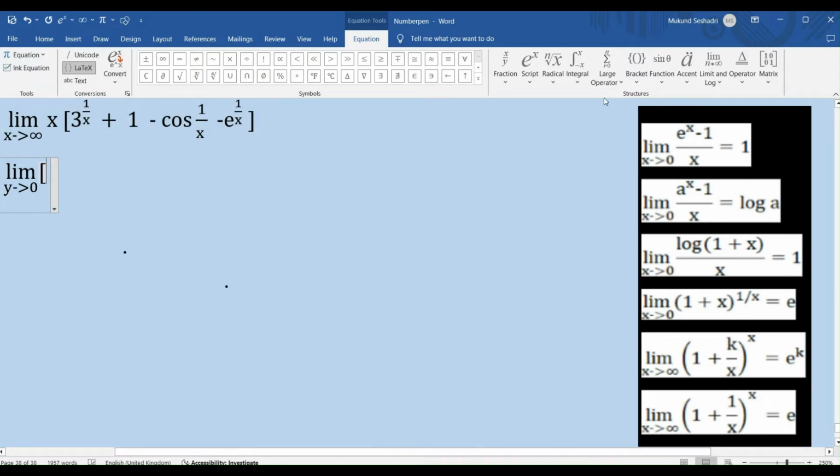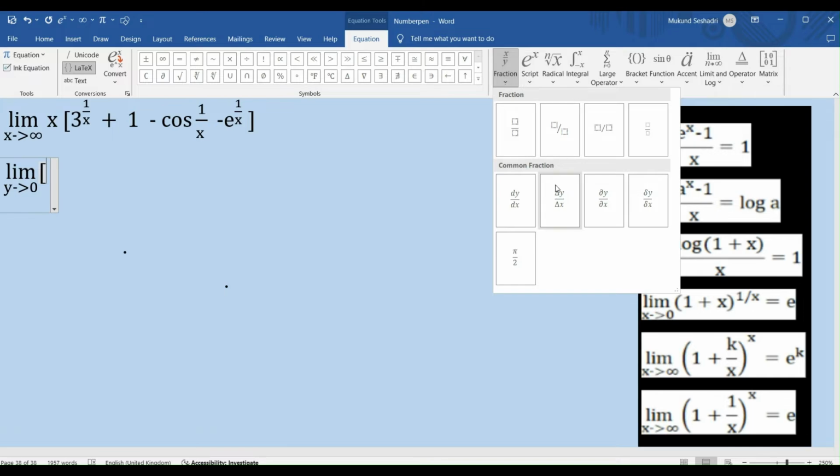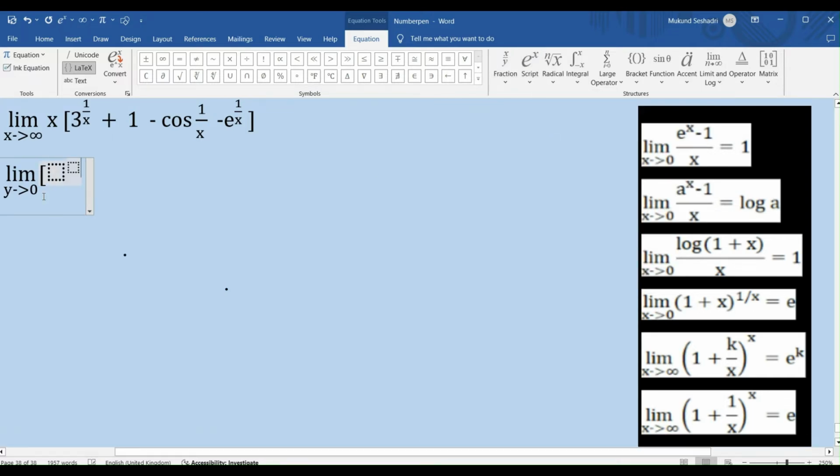So I have 3 to the power 1 by x, which becomes 3 to the power y, plus 1 minus cos of 1 by x becomes cos of y, and minus e to the power 1 by x becomes e to the power y, right?